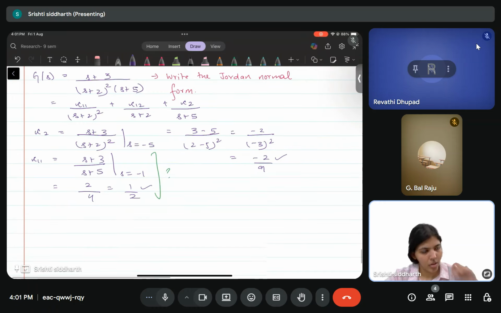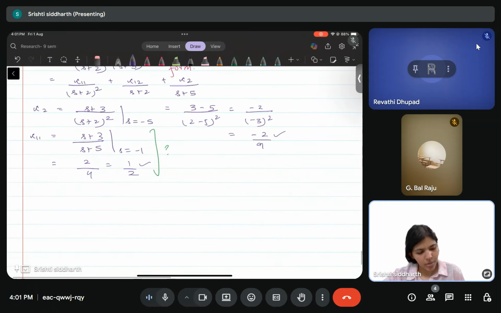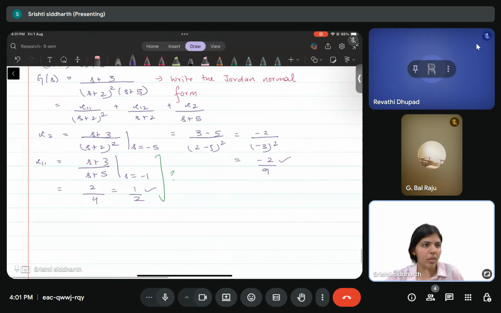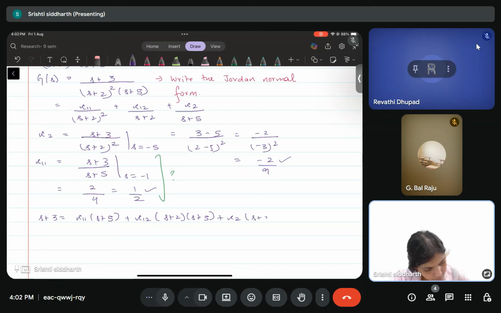So we can just multiply by (s plus 2) squared, (s plus 5). I'm just going to write this directly. And s plus 3 is equal to C11 (s plus 5) plus C12 (s plus 2)(s plus 5) plus C2 (s plus 2) squared.